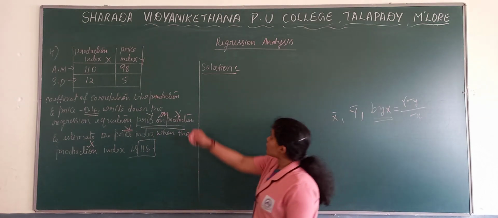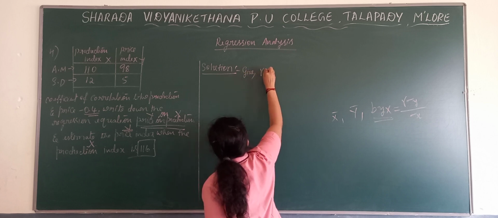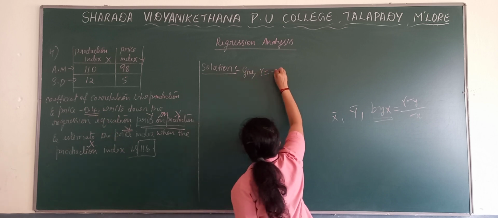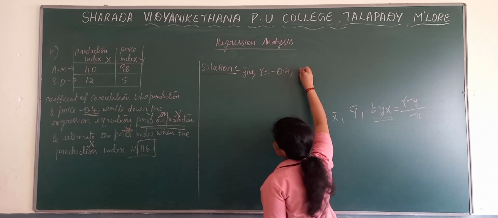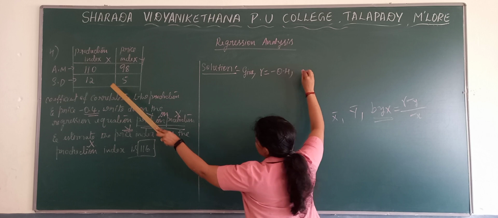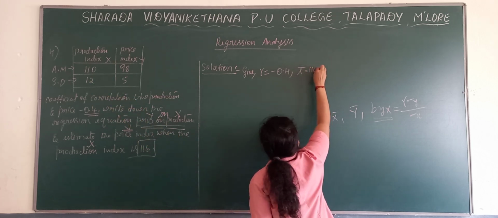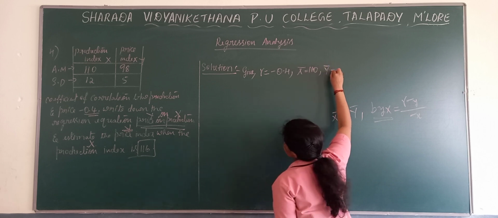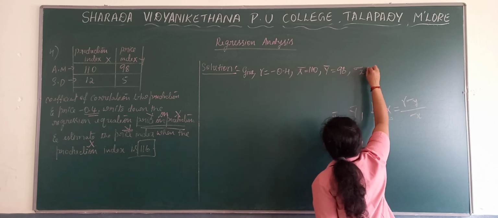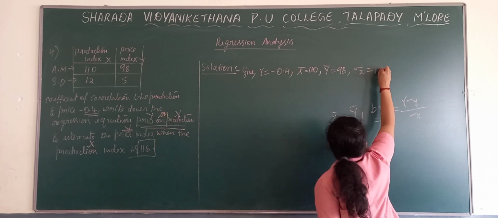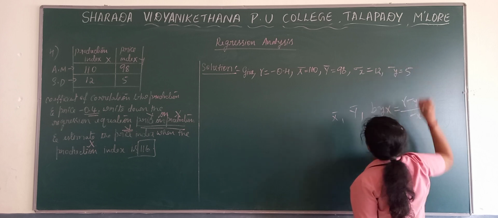So firstly we will write the given values, given coefficient of correlation as minus 0.4, then arithmetic mean, x bar is equal to 110, y bar is equal to 98, then standard deviation of x is equal to 12 and standard deviation of y is equal to 5.